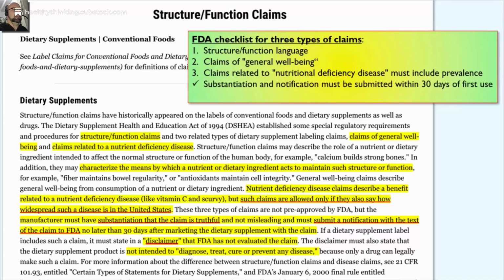Anytime nutrition companies make a claim as defined by the US FDA, they have to submit notification within 30 days of first use, and they have to put a disclaimer on the label if they're attributing those benefits to a specific product. In this case, we are talking about vitamin D deficiency in adults.